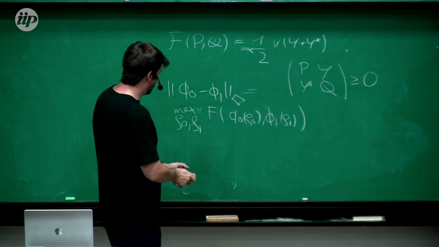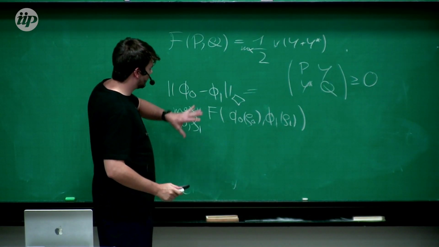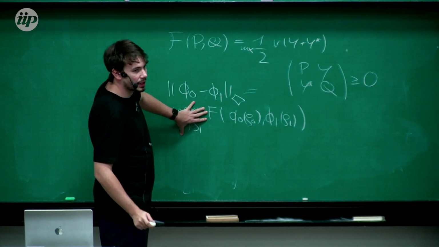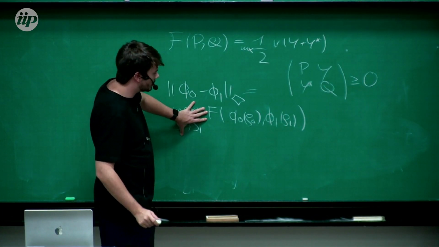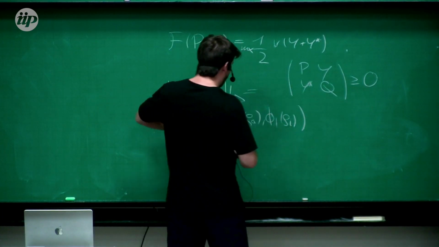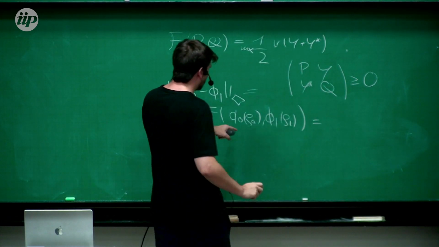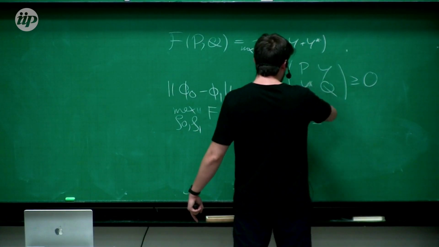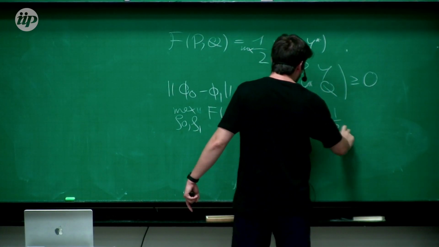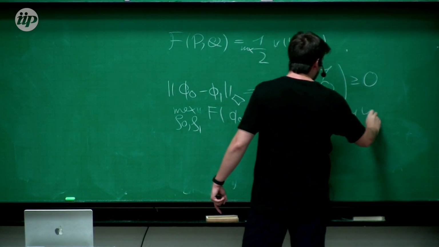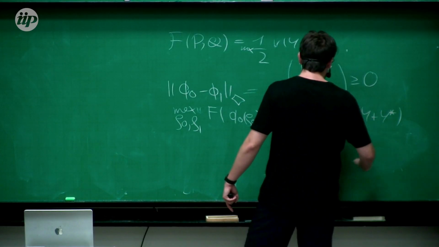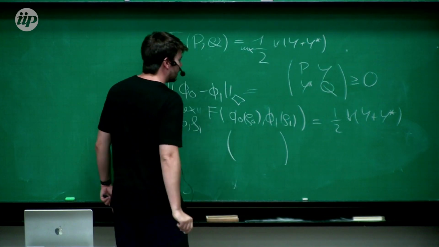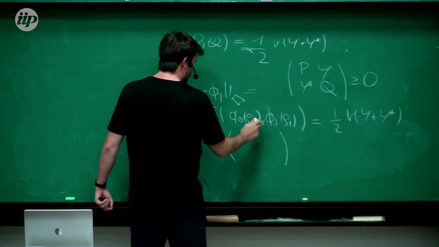So the magic is that if we forgot about this maximum, we can write this thing as an SDP, right? So let's just forget about the maximum here and just insert what we have here. So we just take whatever was here before, so it will be 1/2 trace Y plus Y star. And then we just have to put this thing over here.